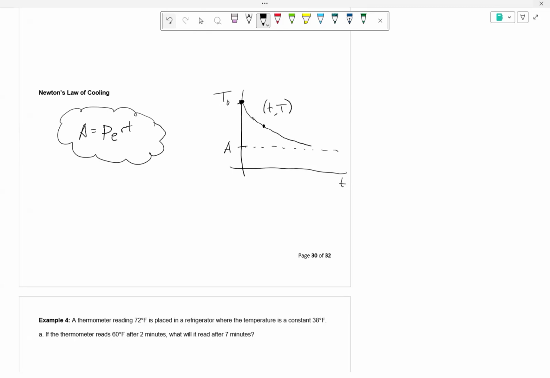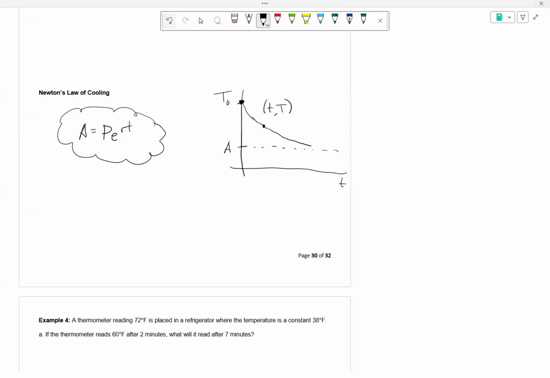I'm keeping this as a thought bubble because we have that exponential function to reference. A is a little confusing because in this one, A represents amount, as opposed to this, which is different. So ambient temperature.